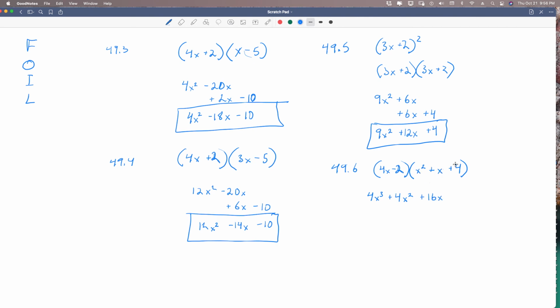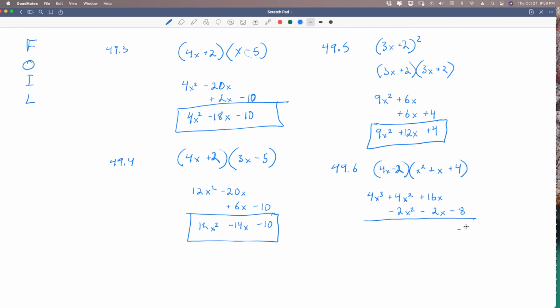All right, now we've done all three terms as we can see, so let's move to the second term in the first binomial. So we have a negative 2 times x squared. That's going to give us a negative 2x squared. Negative 2 times x is going to be a negative 2x. And a negative 2 times a positive 4 is going to give us a negative 8.